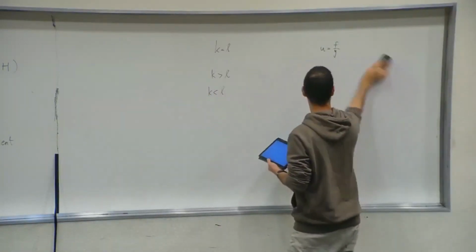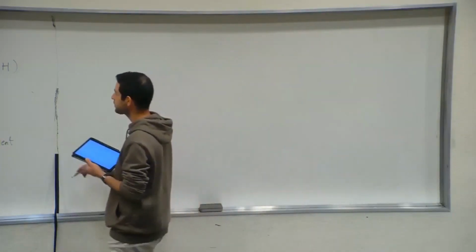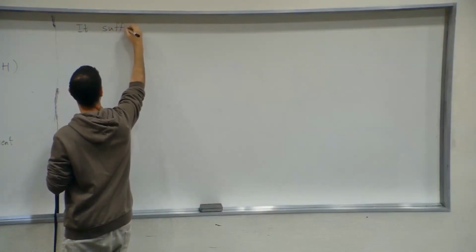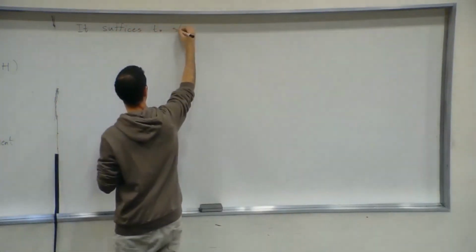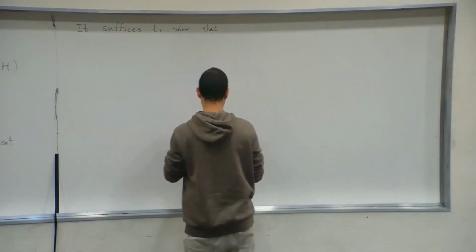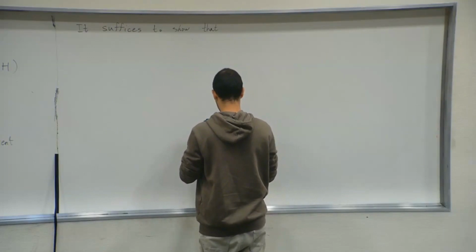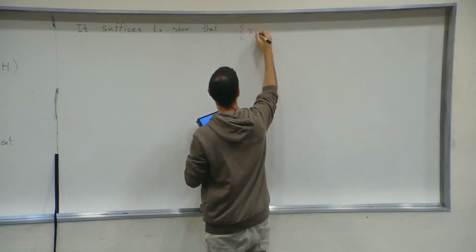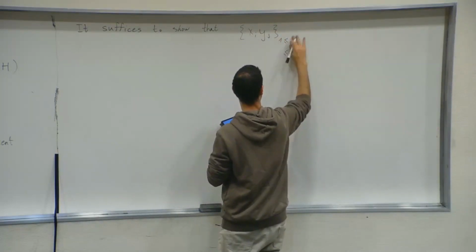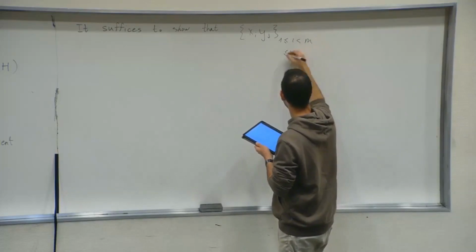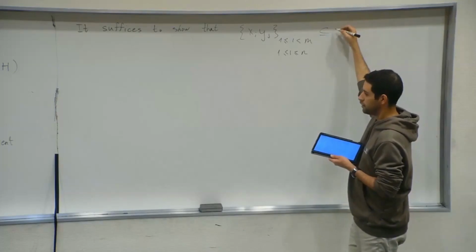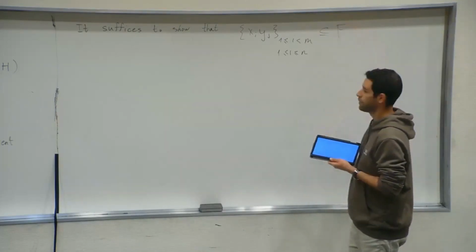And the cool thing is, it suffices to show this: that if we take all the products x_i y_j, with i from 1 to m and j from 1 to n, then this is a subset of F, right?